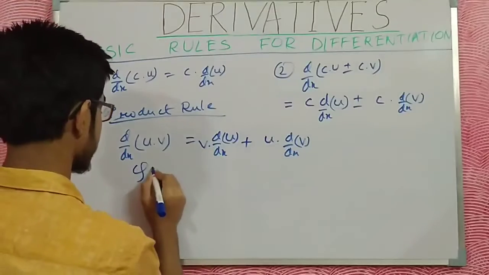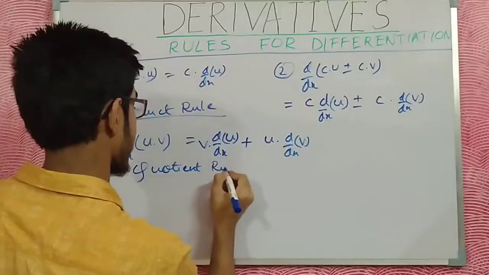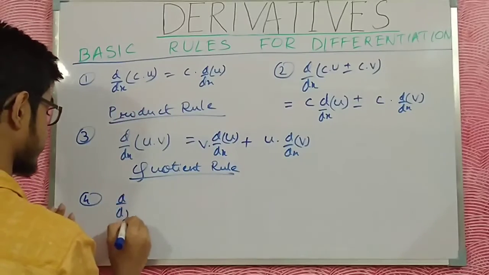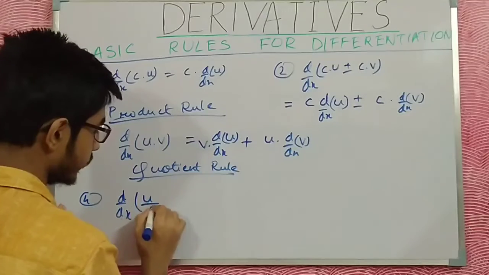And then the quotient rule. What is the quotient rule? The quotient rule is for the differentiation of two functions when the functions are divided, that is u by v.